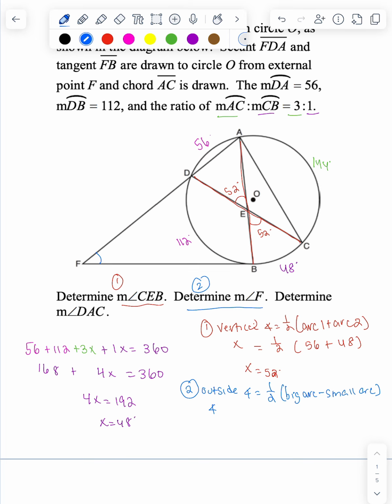So angle F is the outside angle that we're looking for, and it's equal to half of, let's figure out what the intercepted arcs are. I'm just going to highlight the rays of the angle, and I'm going to look for the arcs within those rays. One of them is DB. And the other one that the endpoints are touching is AB.